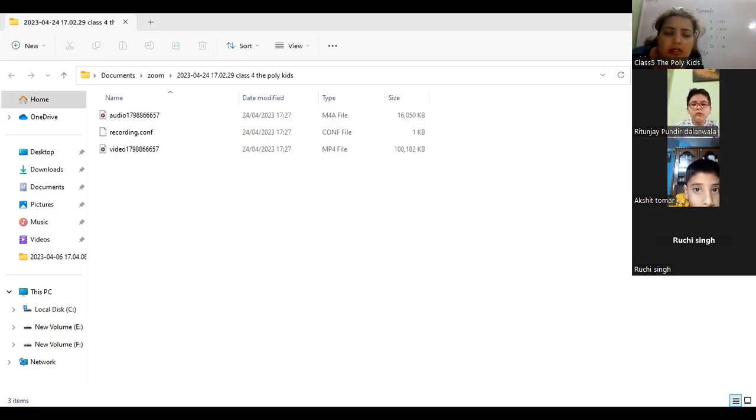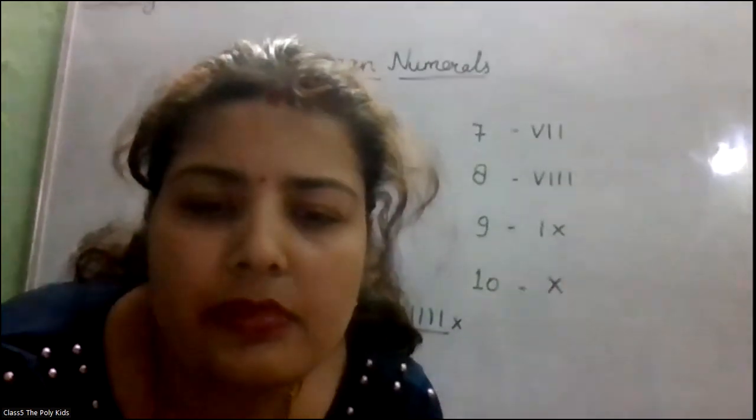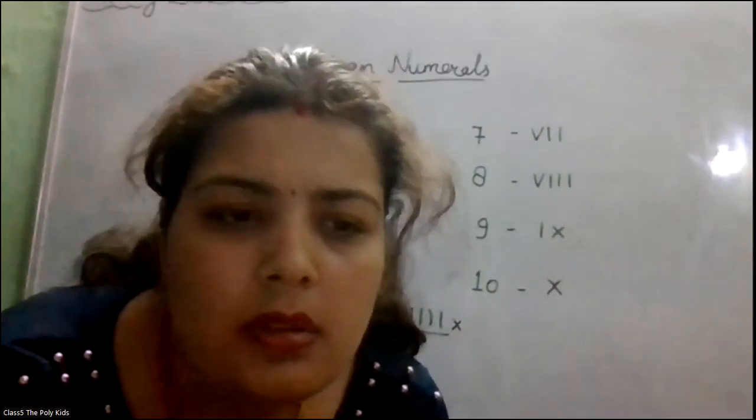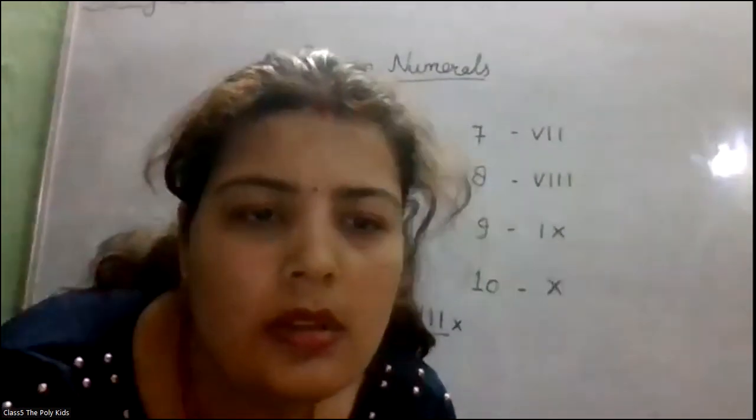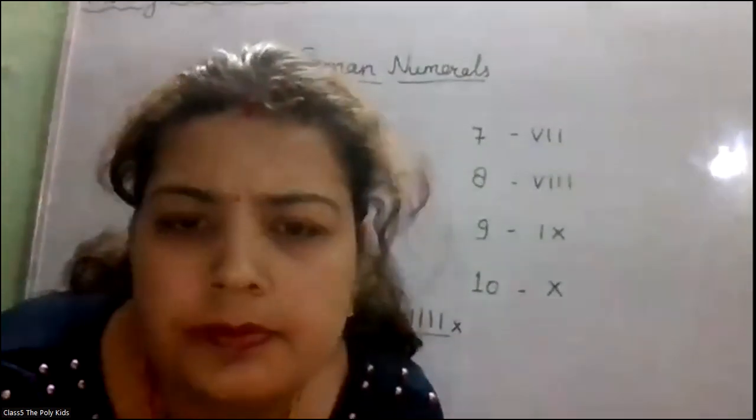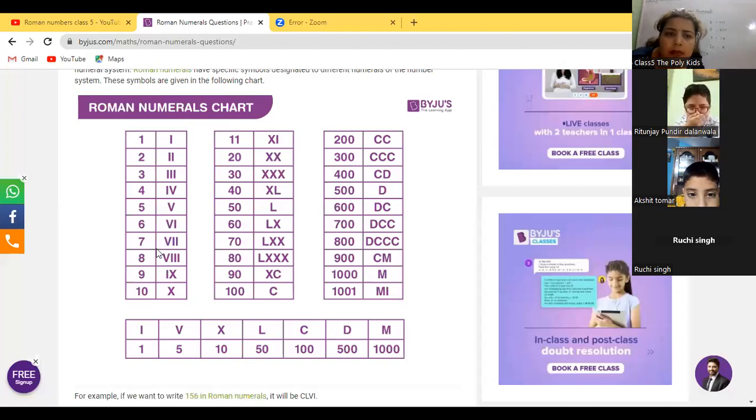Wait. This one. No, ma'am. No. Okay, wait. Wait. Now it is visible? This one Roman numeral chart? Yes, ma'am. Yes, ma'am. Okay.